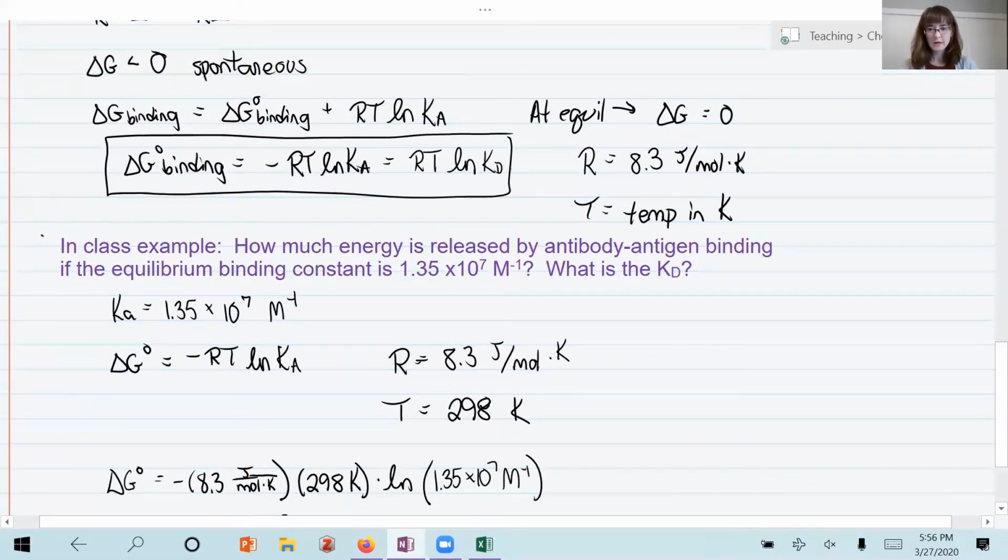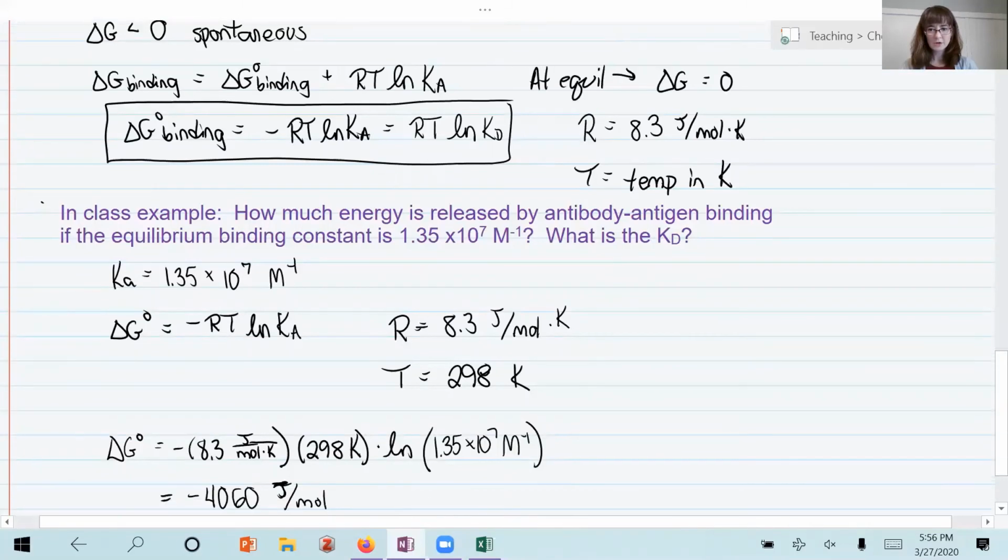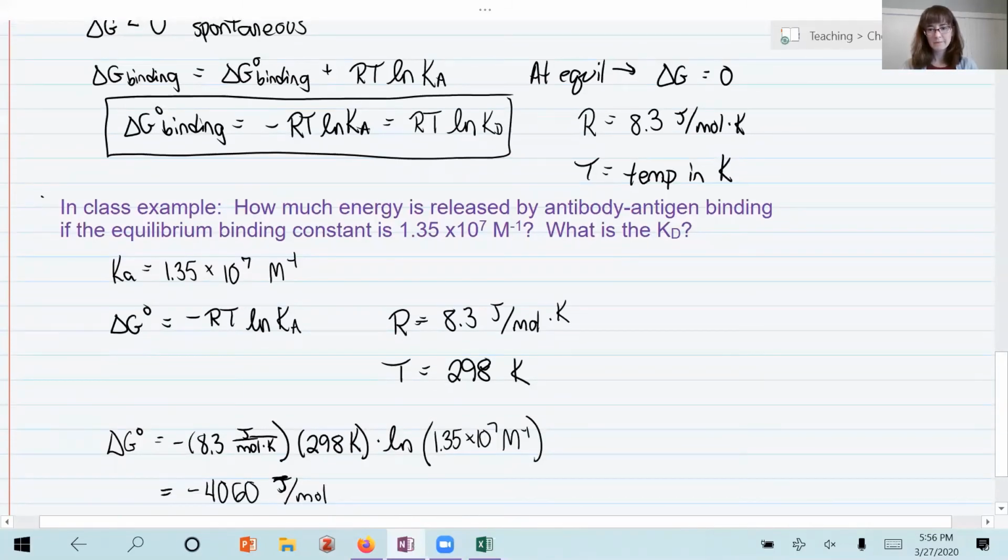And so after we do the calculation, you should get that there's a negative delta G, which is good. That means that the binding is spontaneous, of about 40 kilojoule per mole. Okay, and then the next part of the problem was to calculate Kd, which is the unit that we prefer to work in normally.